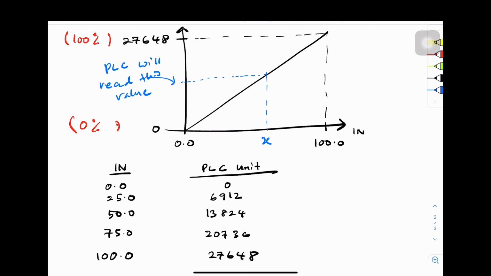For 25.0, the PLC unit is 6,912. For 50.0 we have 13,824. For 75.0 we have 20,736. For 100.0 we have 27,648.